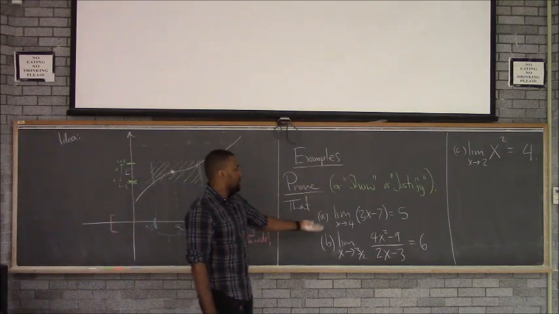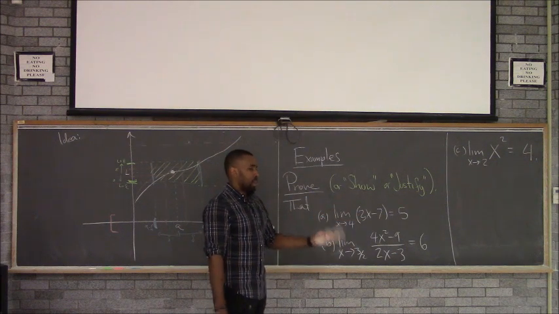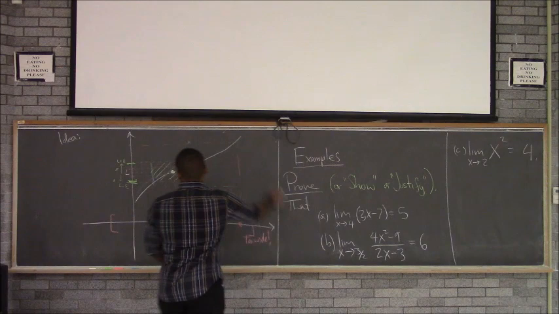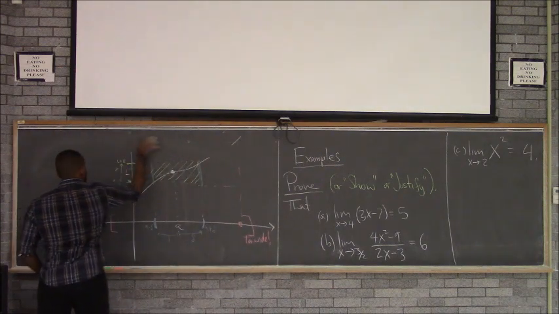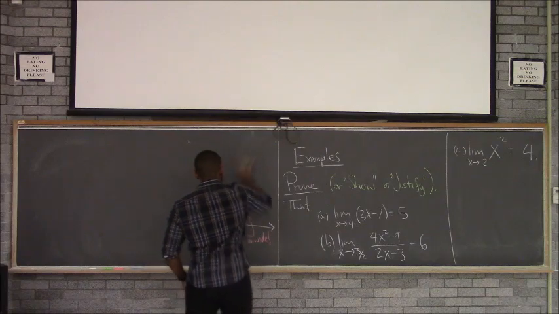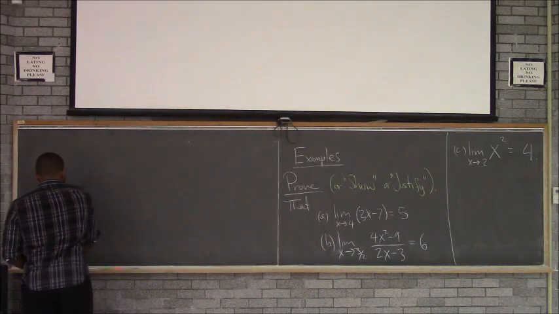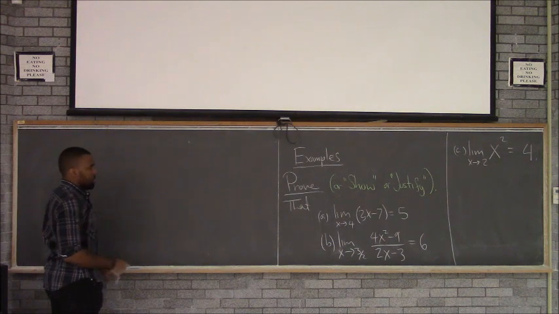But yeah, so let's see. If you tell someone the limit as x approaches 4 of 3x minus 7 is 5, and they say, prove it, here's what you're going to do. You want to know that you can get within their tolerance of close.